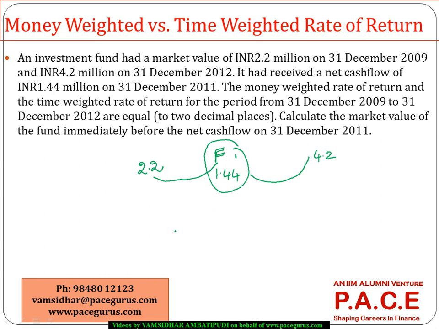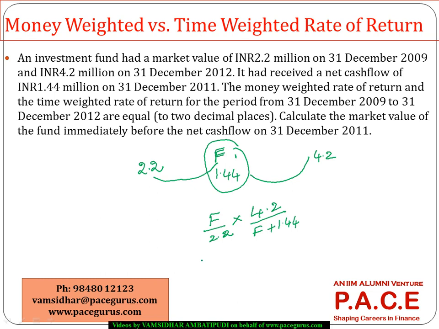So while computing the time weighted return, we take one period to be F by 2.2, whatever return this has generated, and the multiplication of the different periods' returns. 4.2 is the output with F plus 1.44. So basically, when we are doing this time weighted rate of return, our focus is to look at all the periods where the cash flow addition or subtraction did not happen.